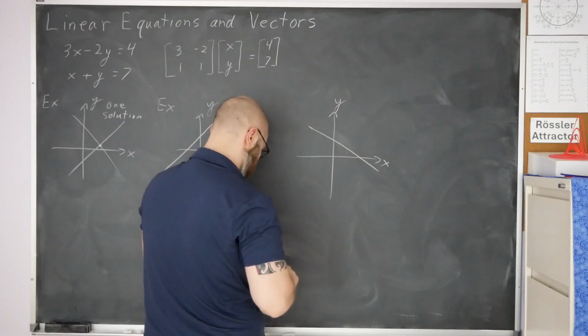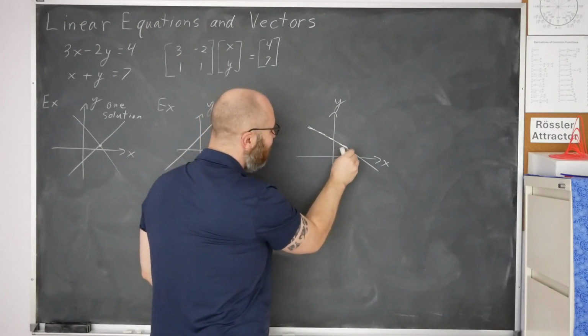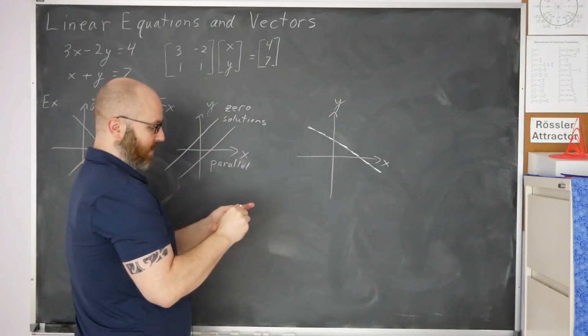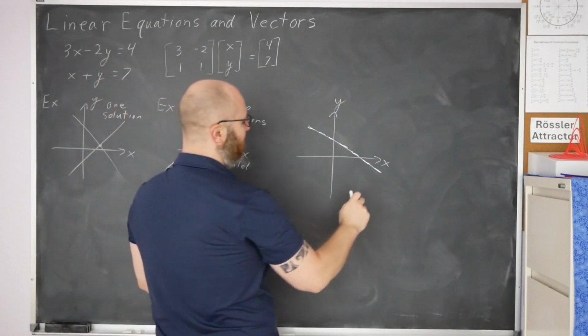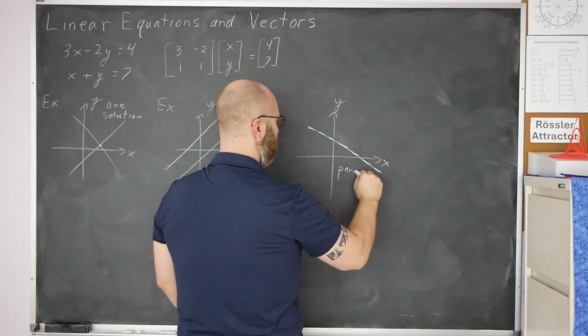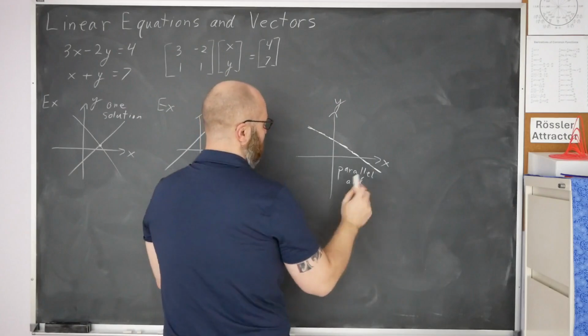Let me see if I can make it bold or something. All right. Kind of worked. What if you have the exact same equation twice? So 2 lines, parallel and the same, equal.